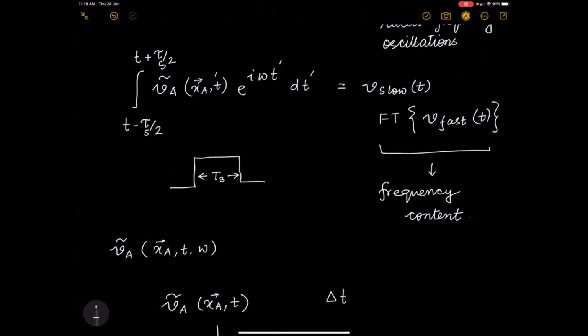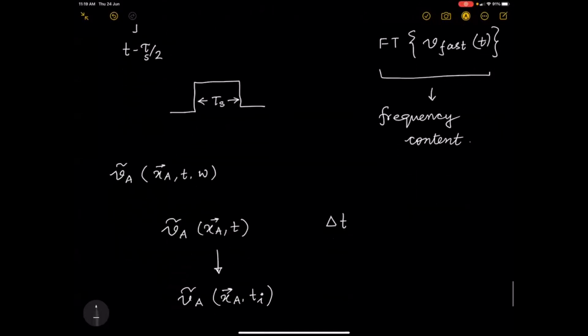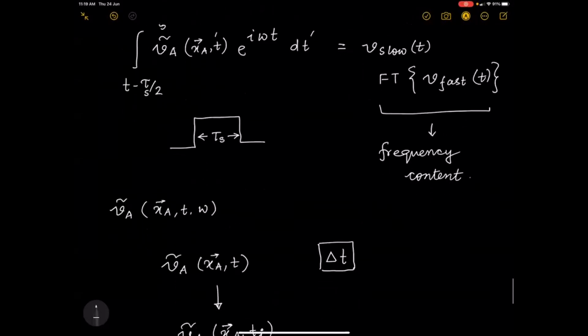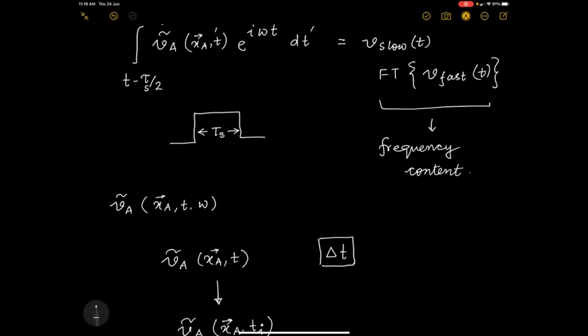summation, right? Now, you may ask the question, what should be the value of delta t? Usually, one chooses delta t same as tau s. Delta t much smaller than tau s, obviously. But what should be the value of delta t?